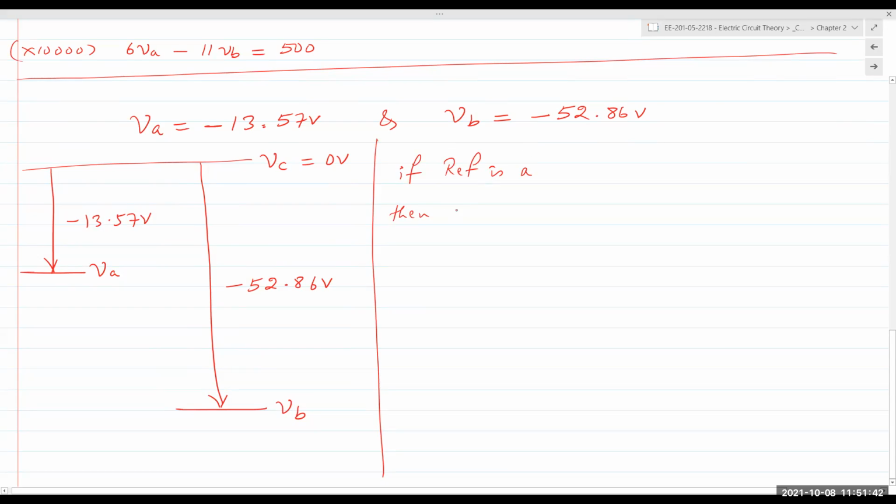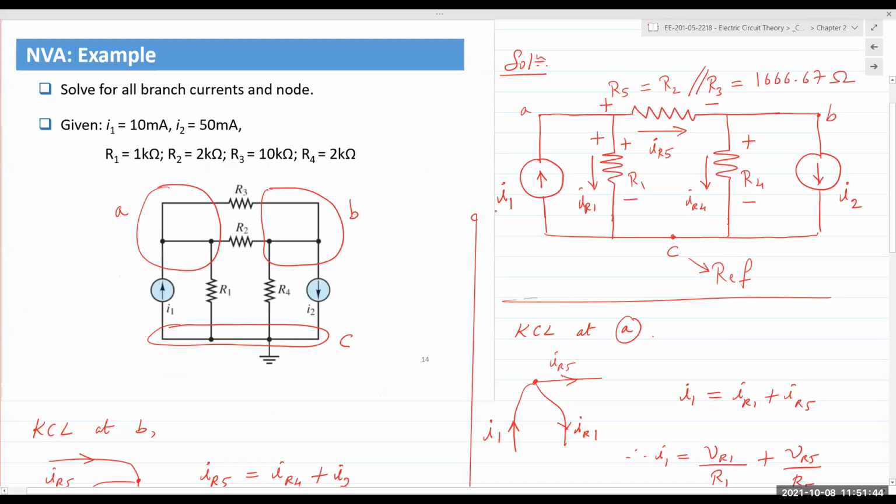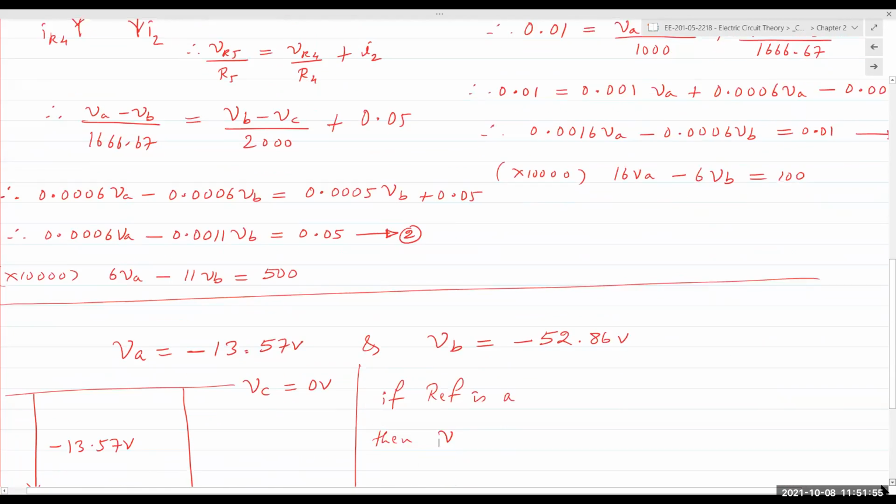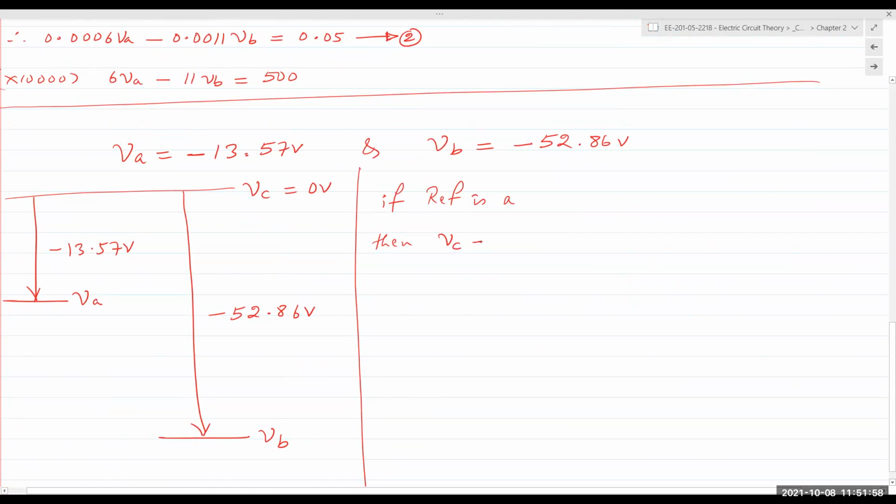If your reference is at A, then VC is going to be plus 13.57 volts. And VB would be equal to, what do we get? 39.29. It'd still be minus because B is still lower than A. So minus 39.29 volts.